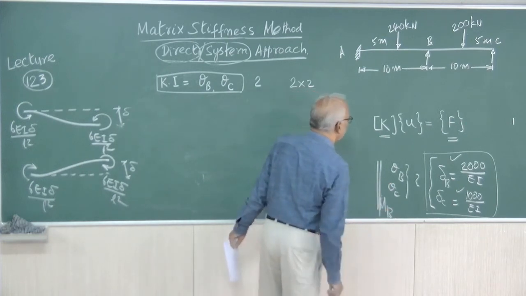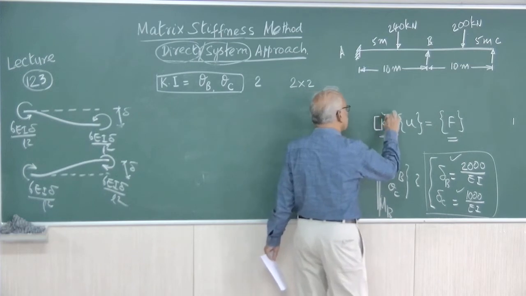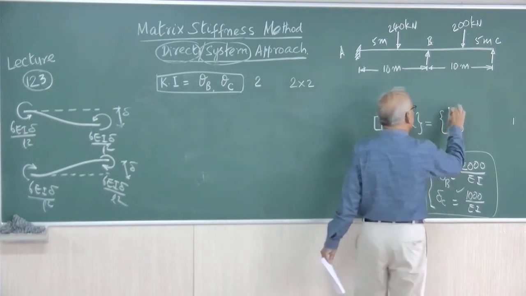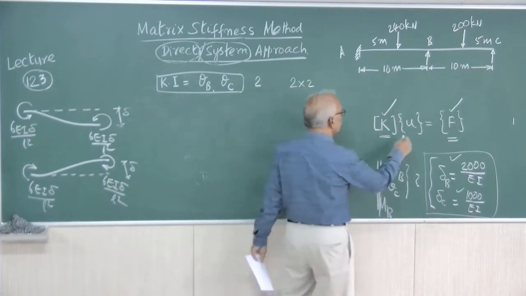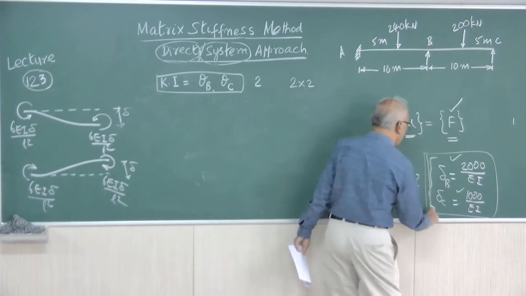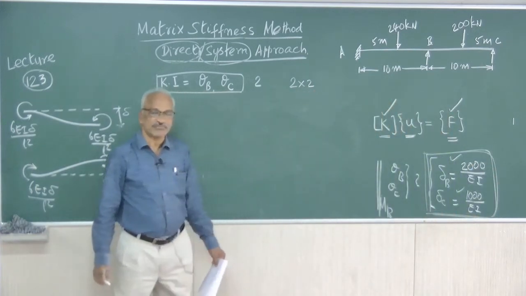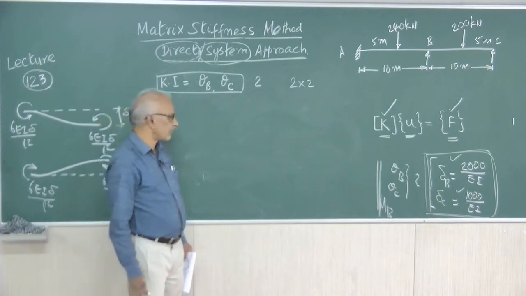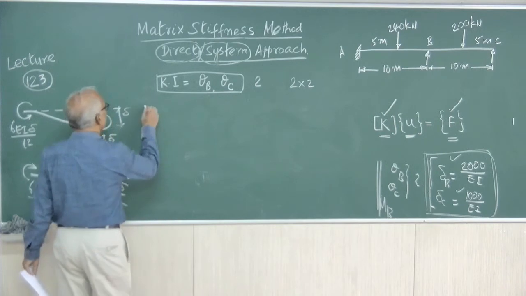So this consists of force quantities, and this also consists of force quantities. U are the displacements. Now these displacements are to be incorporated in the calculation of the fixed end moment itself. Therefore, first we find the fixed end moments.